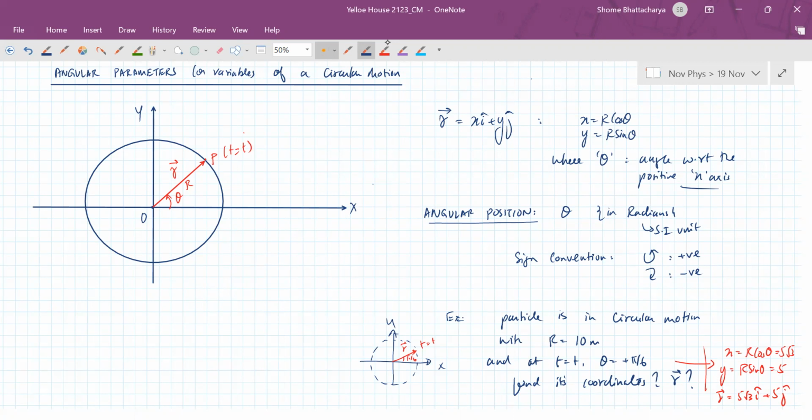If you know the angle, we know where the particle is. So that's why angle is used to describe the position, hence the term angular position. So this is the first of our angular parameters, angular position.